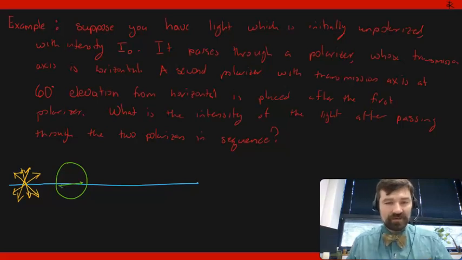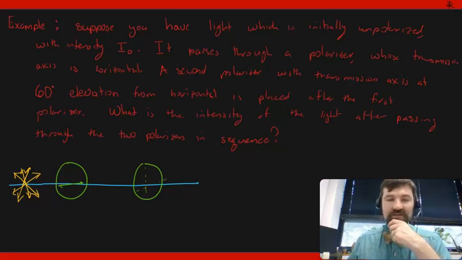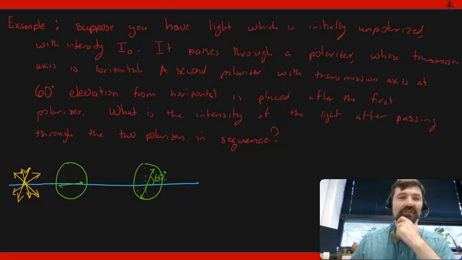Okay, my next polarizer is rotated at 60 degrees elevation from the horizontal. So that means that its polarization direction is now like this, where this is a 60-degree angle.